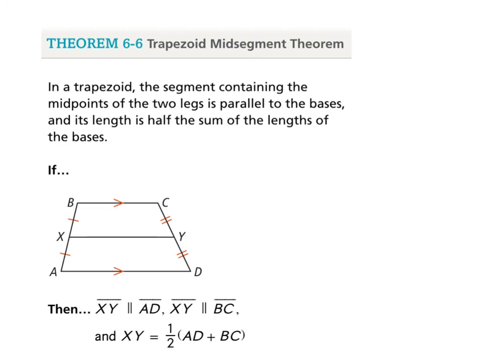Now the last theorem we're going to look at for this video involves something called a midsegment of a trapezoid. A midsegment is a segment that joins the midpoints of the two legs. So let me highlight that idea here real quick. The segment containing the midpoints of the two legs is called the midsegment.